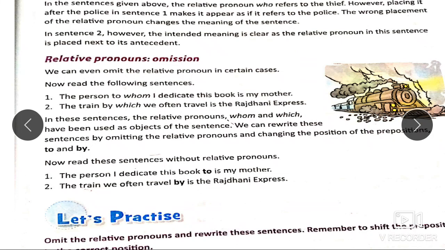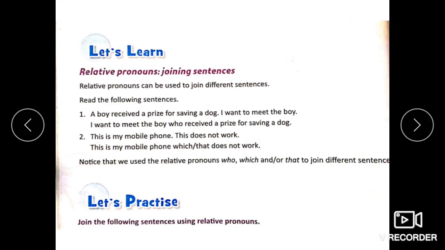Now, one more important part related to relative pronouns is using them in joining sentences. Relative pronouns can be used to join different sentences. This is usually done with words like who, which, or that.